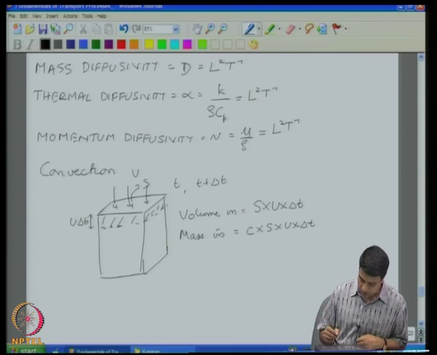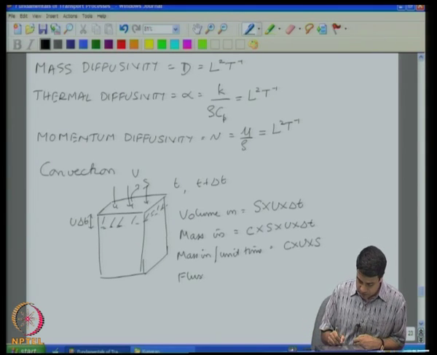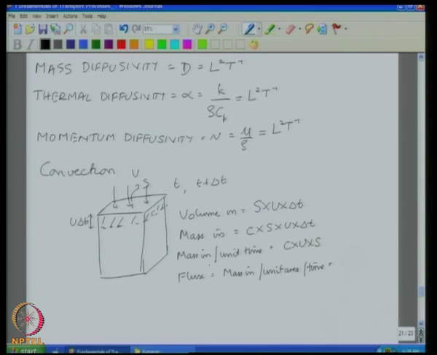Therefore, the mass in per unit time is equal to C into U into S, and the flux is equal to mass in per unit area per time, which is this mass in per time divided by the surface area S, which is just going to be equal to C into U. So, the flux is just equal to the concentration times the velocity, flux of mass.